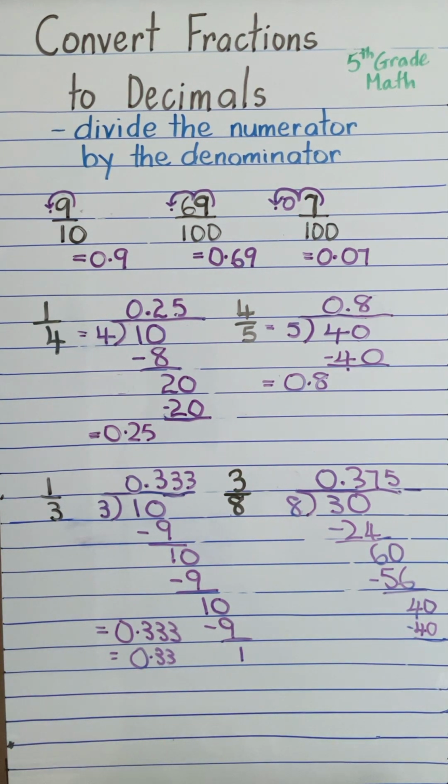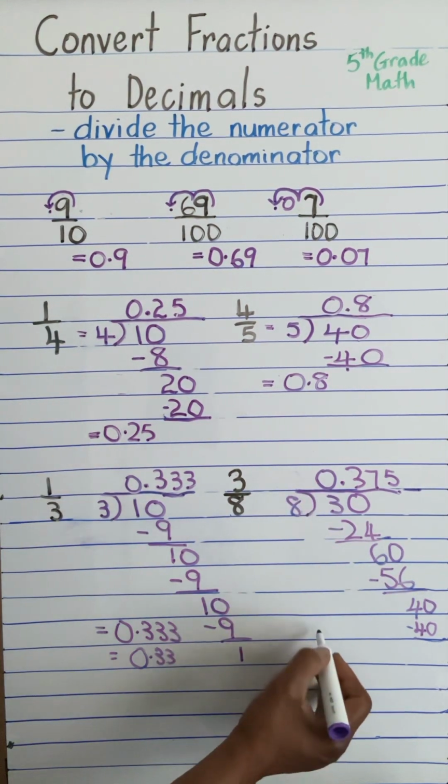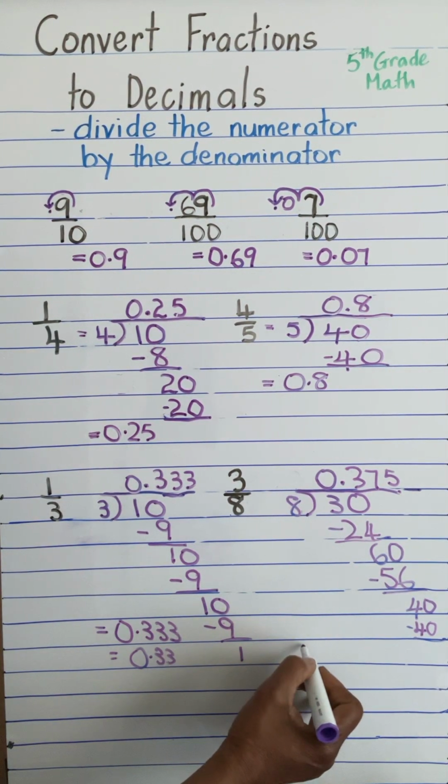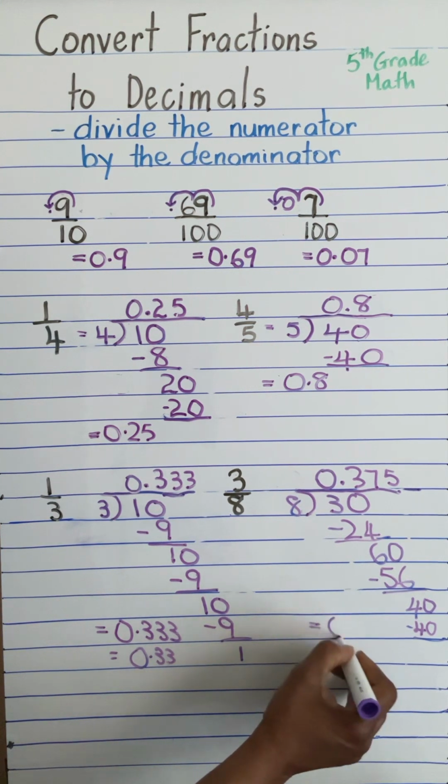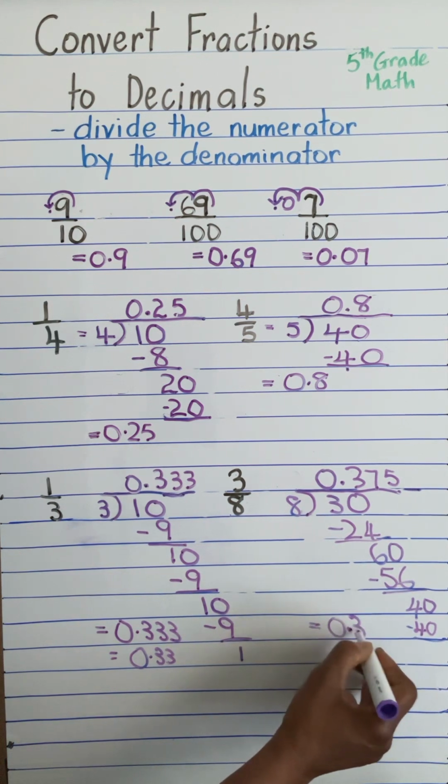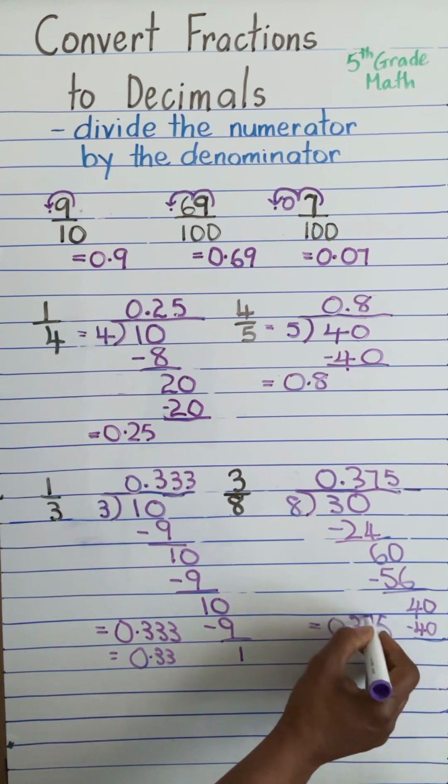And we're done. So 3/8 is equal to 0.375.